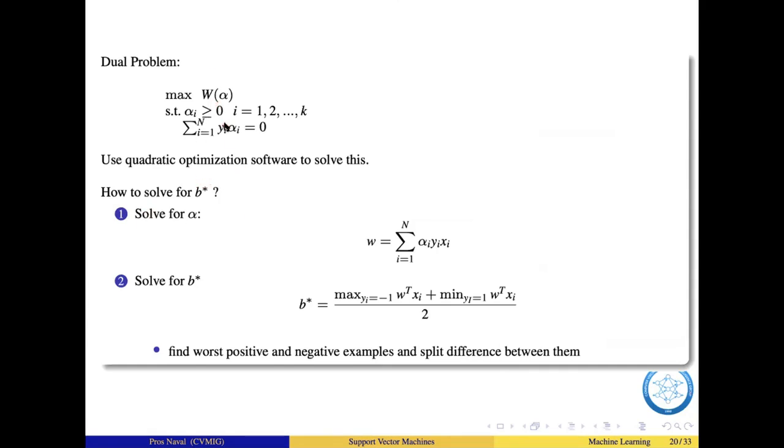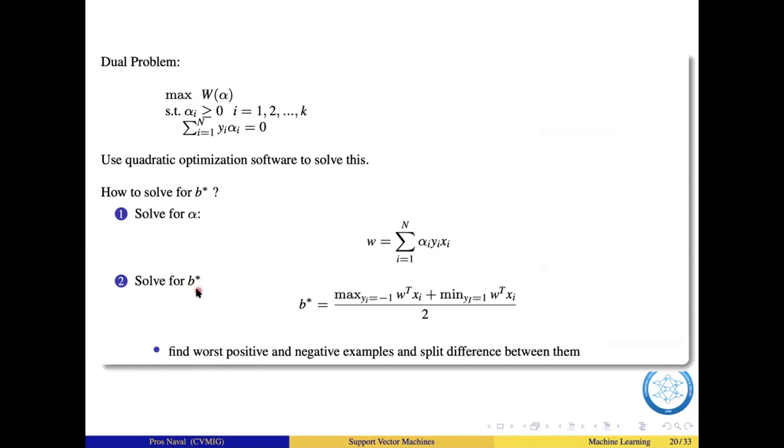Now, first we solve for alpha using our software. Once we have alpha, we can now get the W, and this is what we want, right? W is the weight vector that we're looking for.